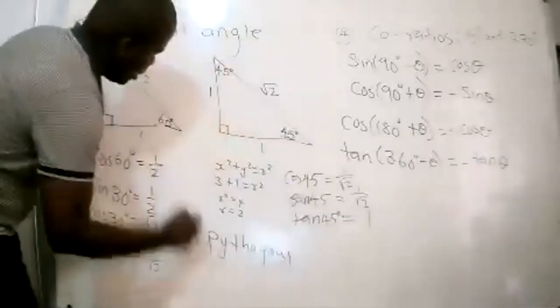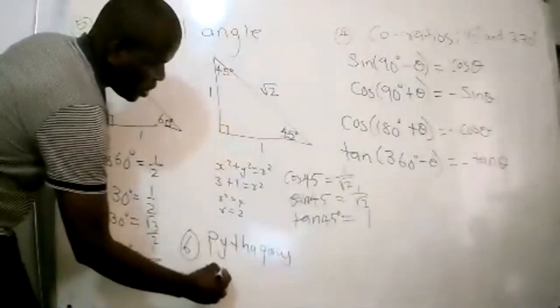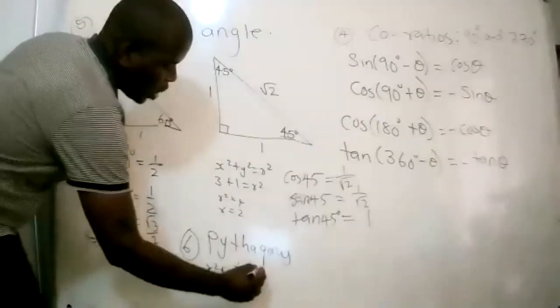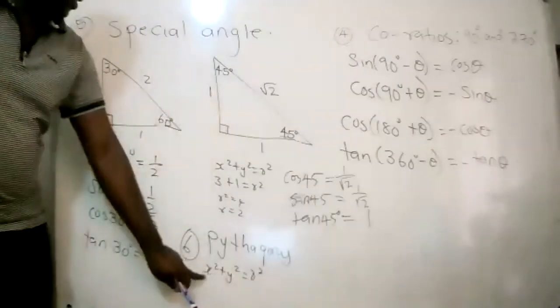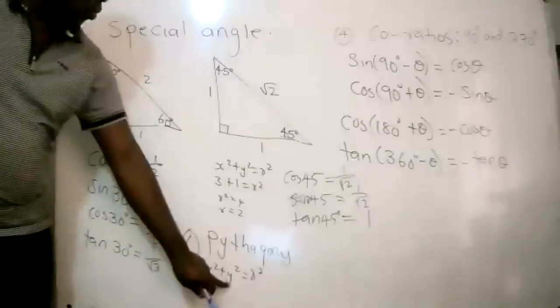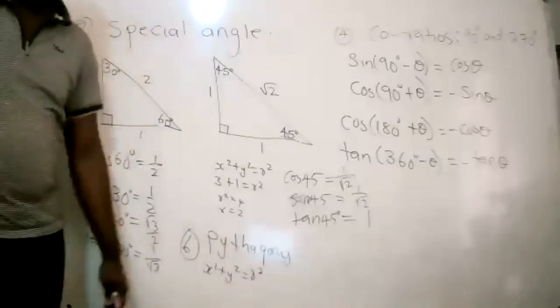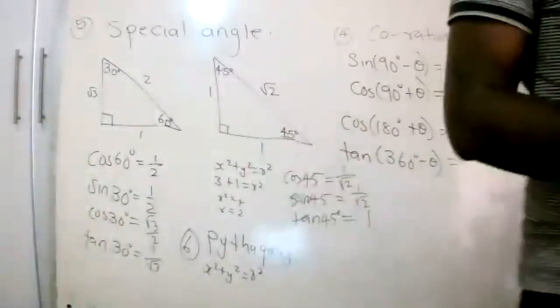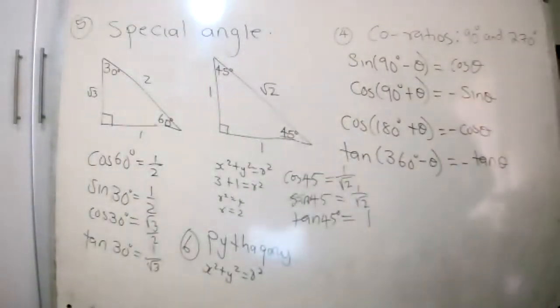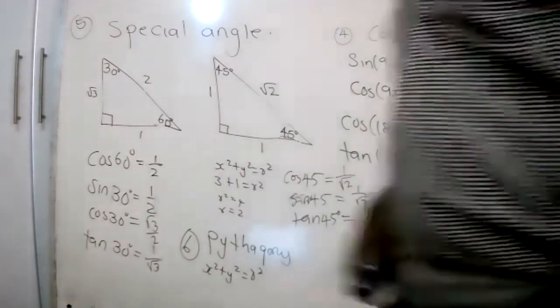Pythagoras theorem is given as x squared plus y squared equals r squared, wherein x is the adjacent, y is the opposite, and r is the hypotenuse. You must not forget it. I hope we are together up to this point. Wonderful.